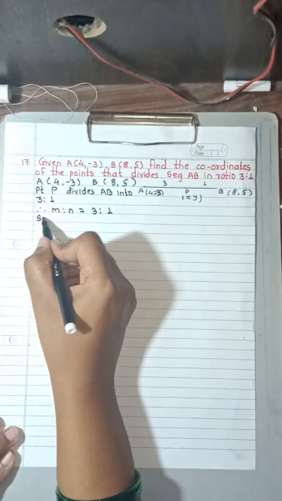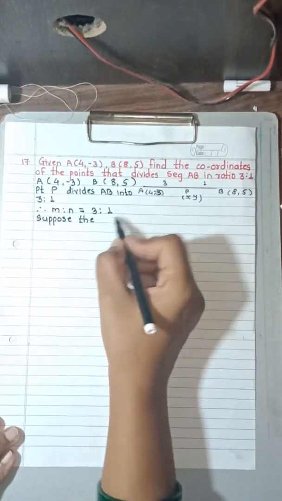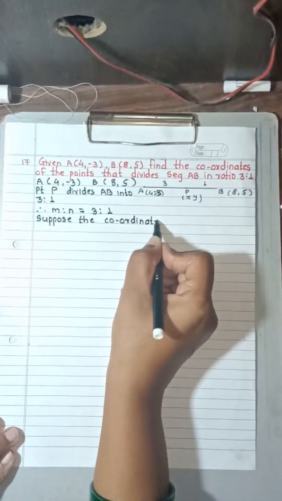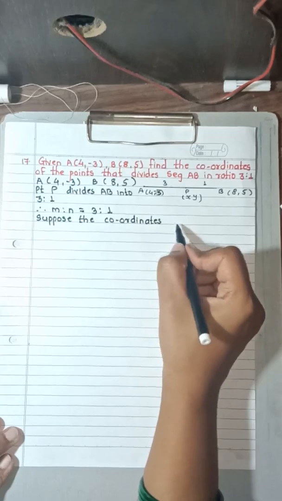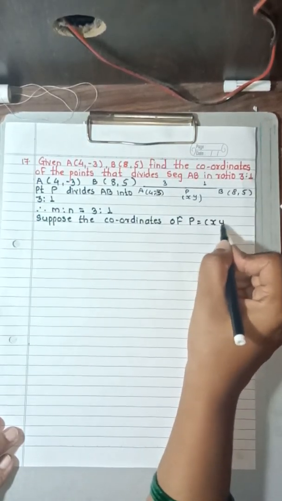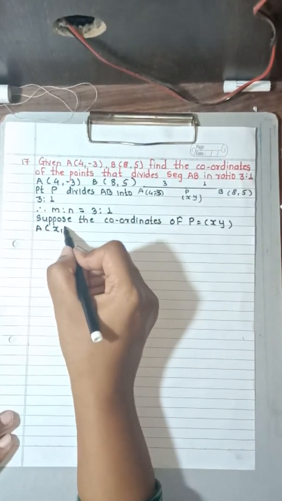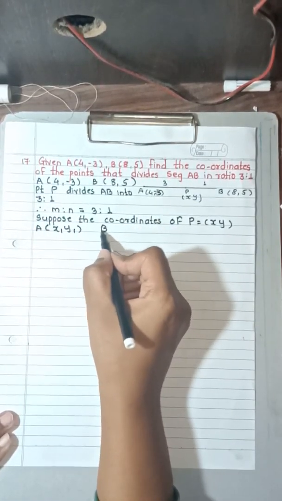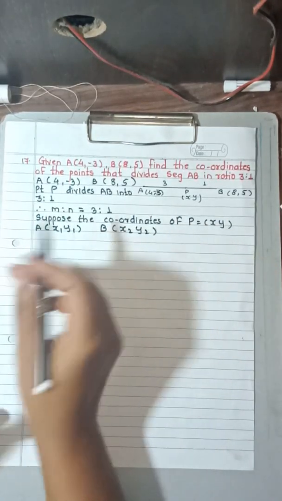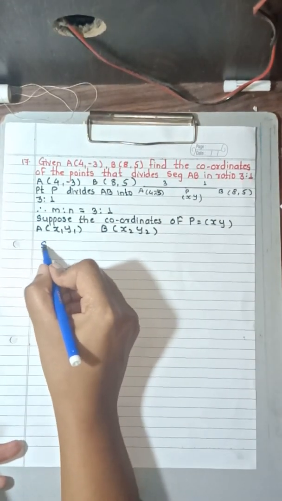Okay, now suppose the coordinates of P is equal to (x, y), A is equal to (x1, y1), and B is equal to (x2, y2). Okay, now by using section formula, so you may write down section formula over here.